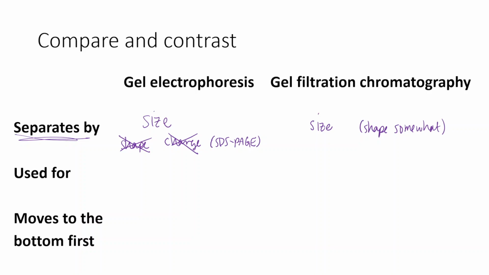All right, so what are they used for? Gel electrophoresis for purity assessment. Yeah, exactly. So it's for visualizing the results of your purification or assessing purity. What is gel filtration chromatography used for?